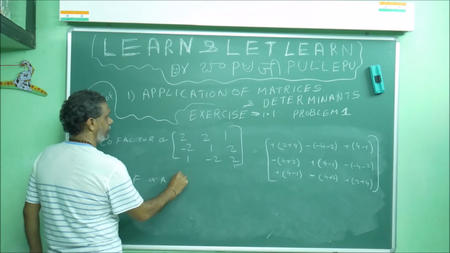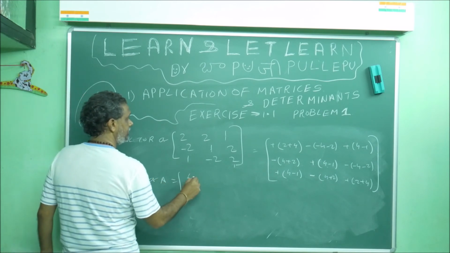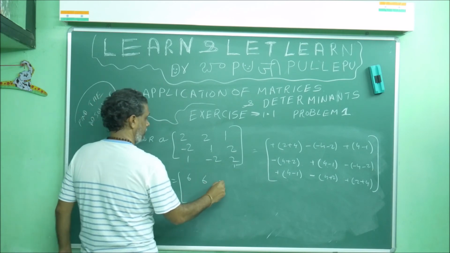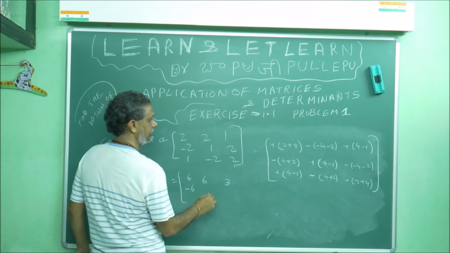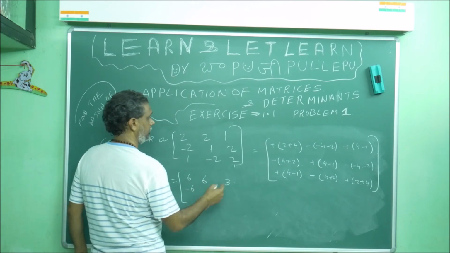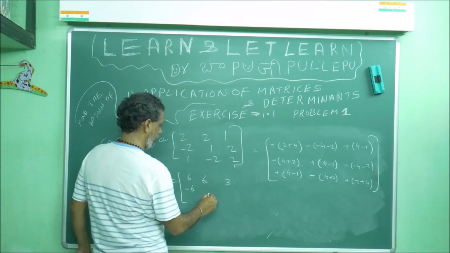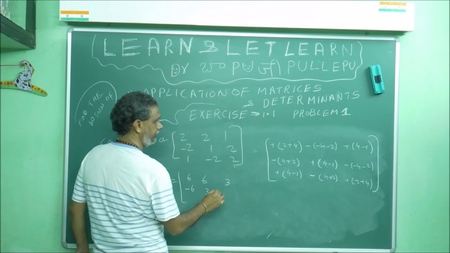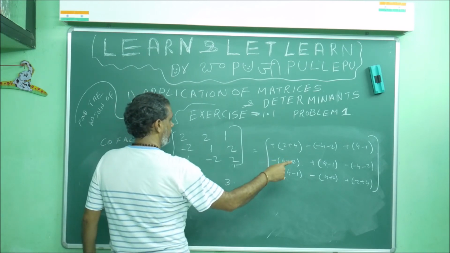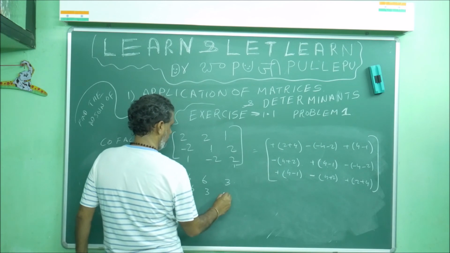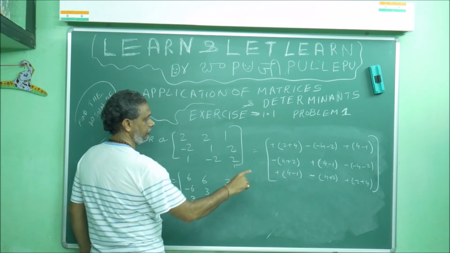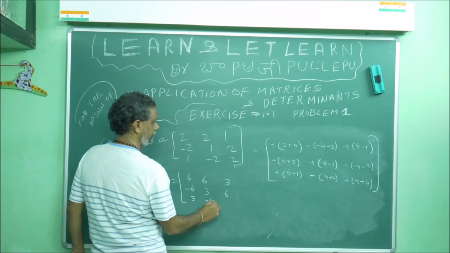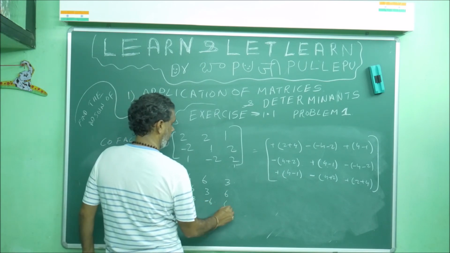So cofactor of A is equal to what? 6, 3 minus 6, minus minus plus, 4 minus 3, 1, 3, two minuses outside, 1 minus again plus, 4 minus 1, 3, 4 plus 2 minus 6, 6.